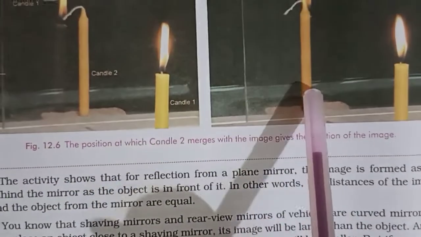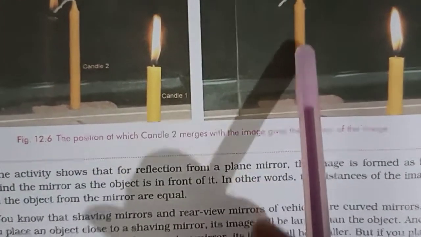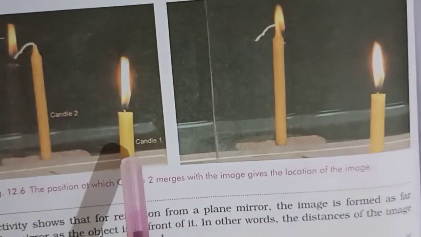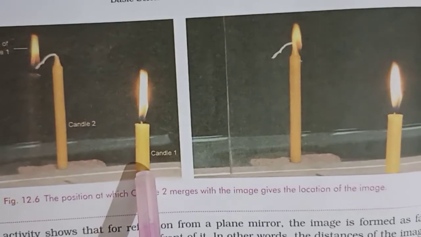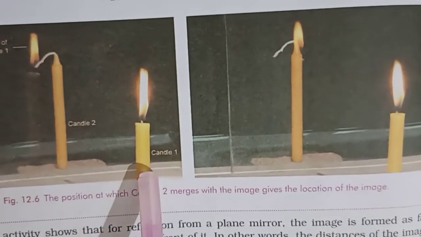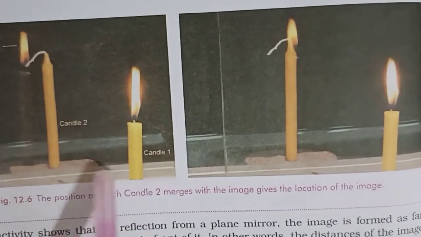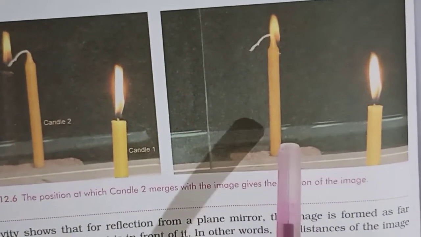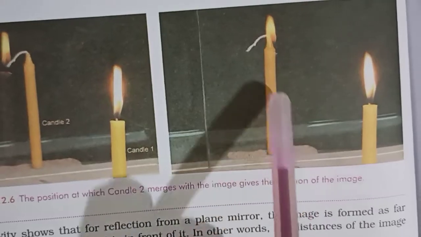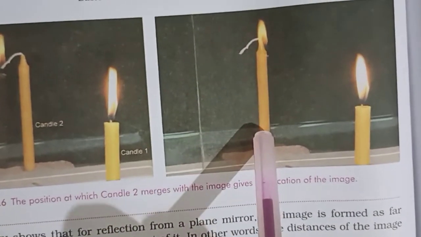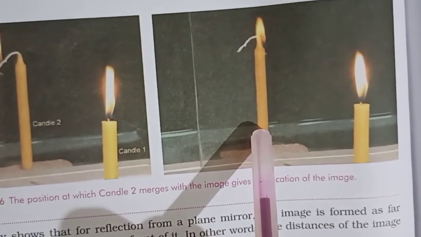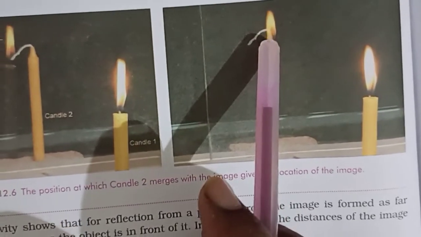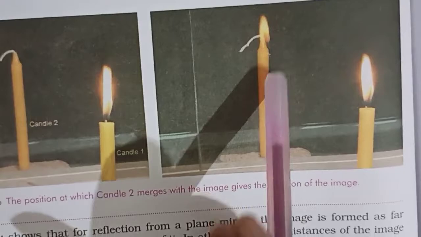That means the image and the new candle will coincide, and then we will measure the distance of candle 1, the object, in front of the glass sheet, and then we will measure the distance between the glass sheet and the other candle which we have placed instead of the image. That means we place it exactly where the image is formed.